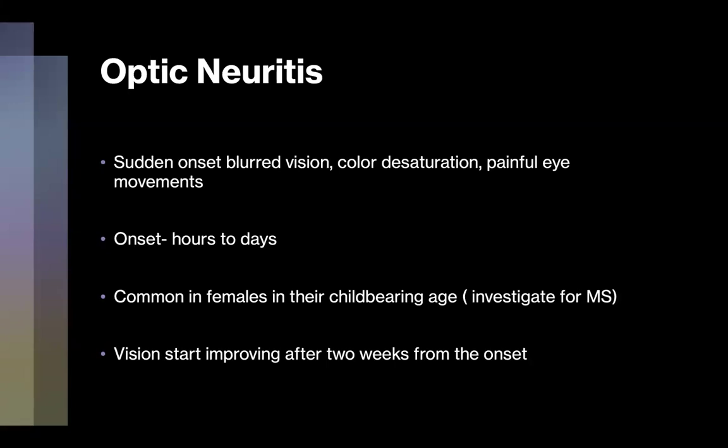But you have to investigate for multiple sclerosis. Not very common in South Asia, but very common in Caucasians. So if you get a first attack of optic neuritis in a female of childbearing age, it may be one of those things, but with a second attack, you definitely need to investigate for MS.